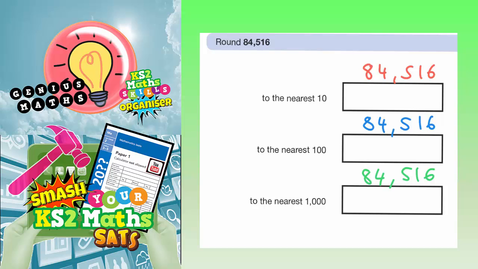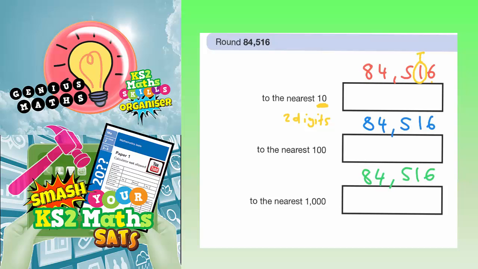So to the nearest 10, that number 10 has 2 digits. So what you want to do is find the second digit in from the end, because that will be the tens digit. So the second digit in from the end is not the 6, it is the 1. So we're going to circle that 1, and that is the tens digit. Okay?